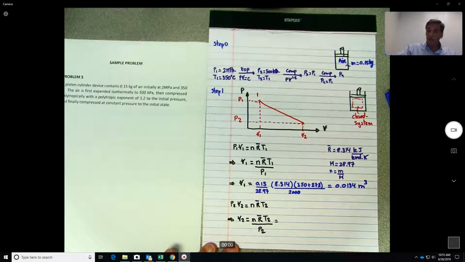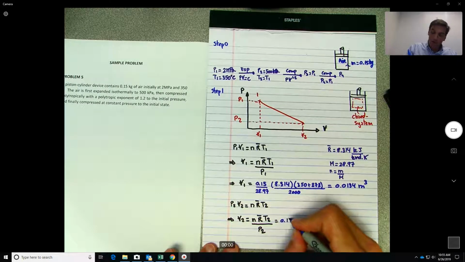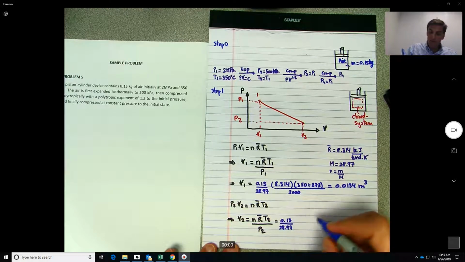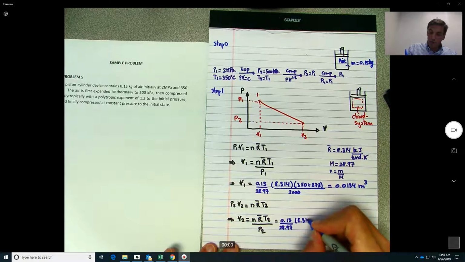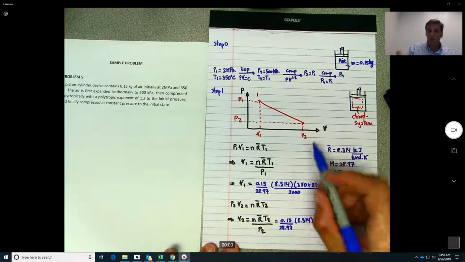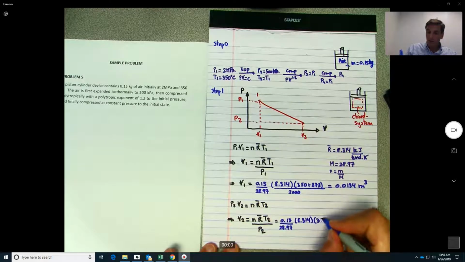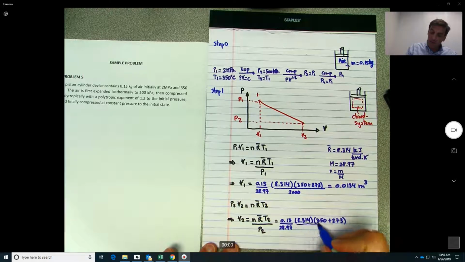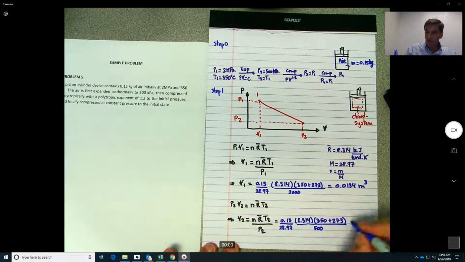That would be basically the same thing, 0.15 divided by 28.97, 8.314. The temperature is the same, we know it's an isothermal process. The only thing that changes is the pressure, so this time it would be 500, and that gives us a value of 0.0536 cubic meters.